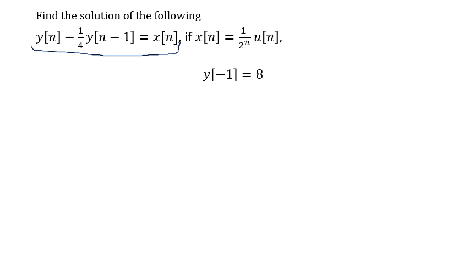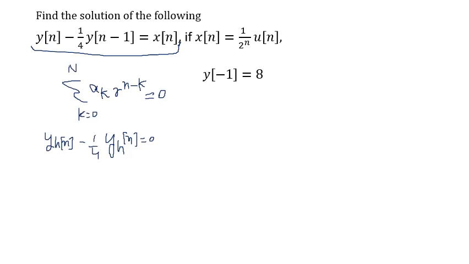So let's find the homogeneous equation. Recall, for the homogeneous equation we need a characteristic equation. The characteristic equation for the discrete time case is this, and replacing y by yh and replacing input by 0, we get the following expression.